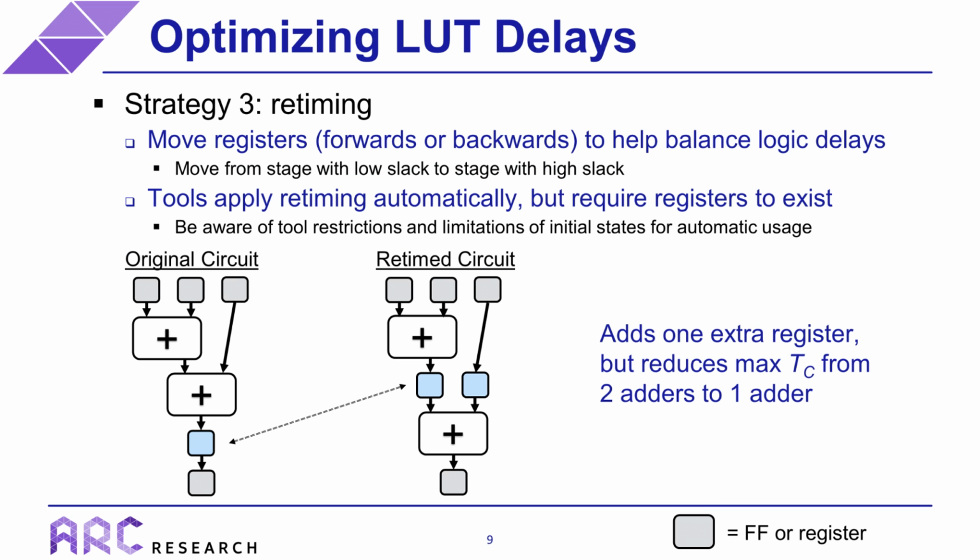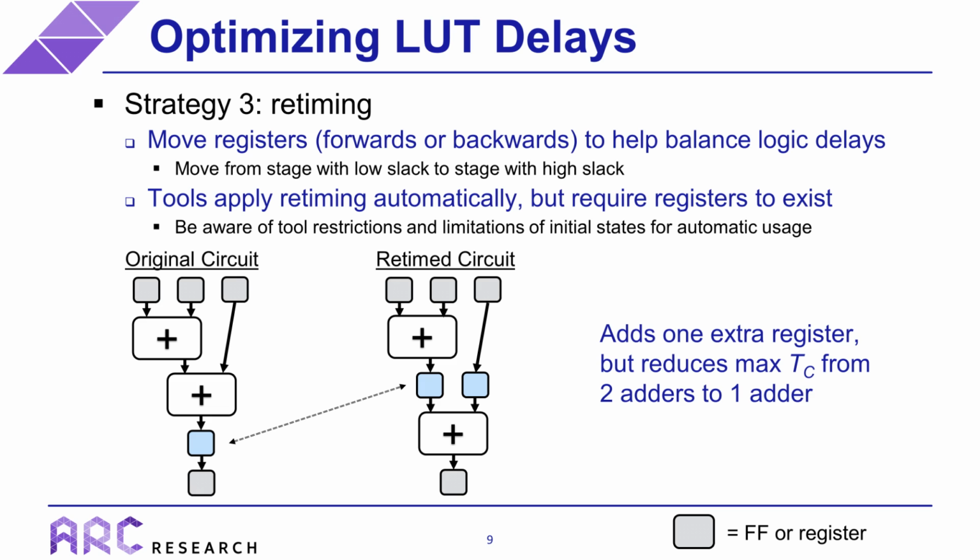A third strategy for reducing lookup table delays is something called retiming, which is the process of moving registers either forwards or backwards to help balance logic delays. Basically, retiming tries to move logic from a stage with low slack into a stage with higher slack.